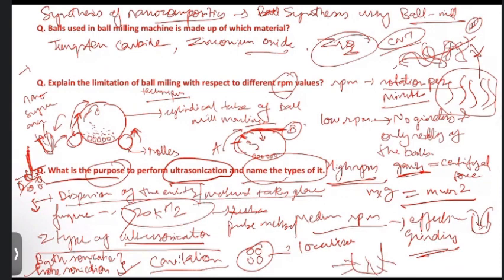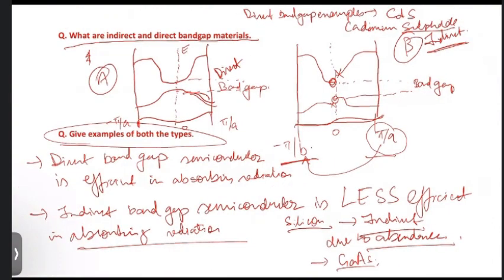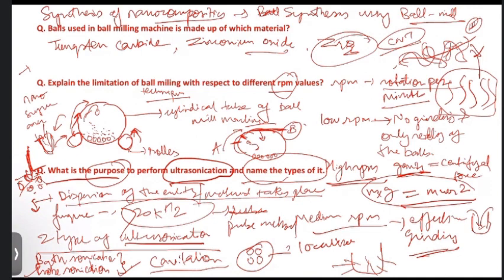Mg versus root G by R. I am not getting that one, ma'am. What does that mean?